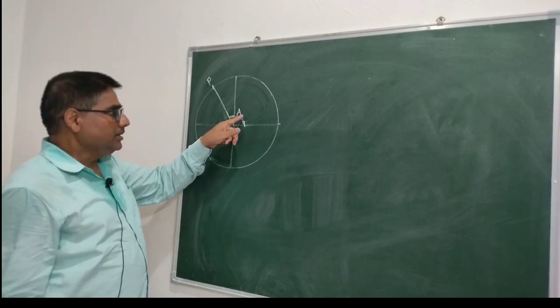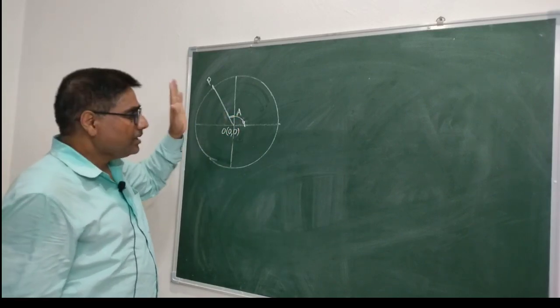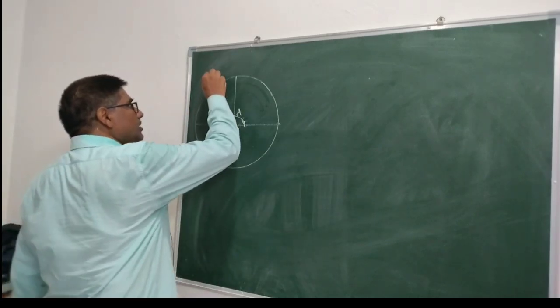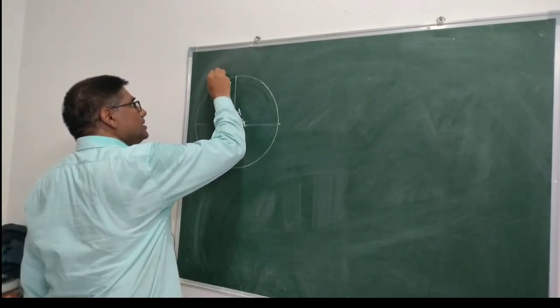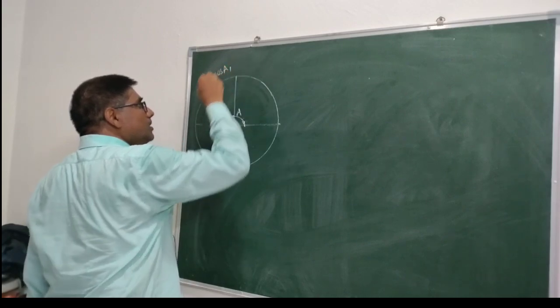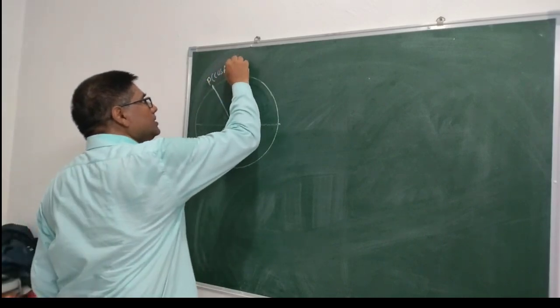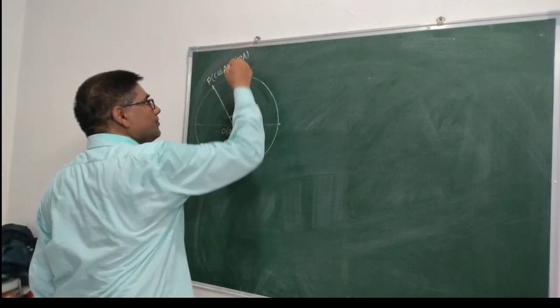Theta means angle, and the value of theta here is A. So r cos A, and the value of r is 1, therefore 1 cos A, simply cos A, comma r sin A, that is 1 sin A, simply sin A.